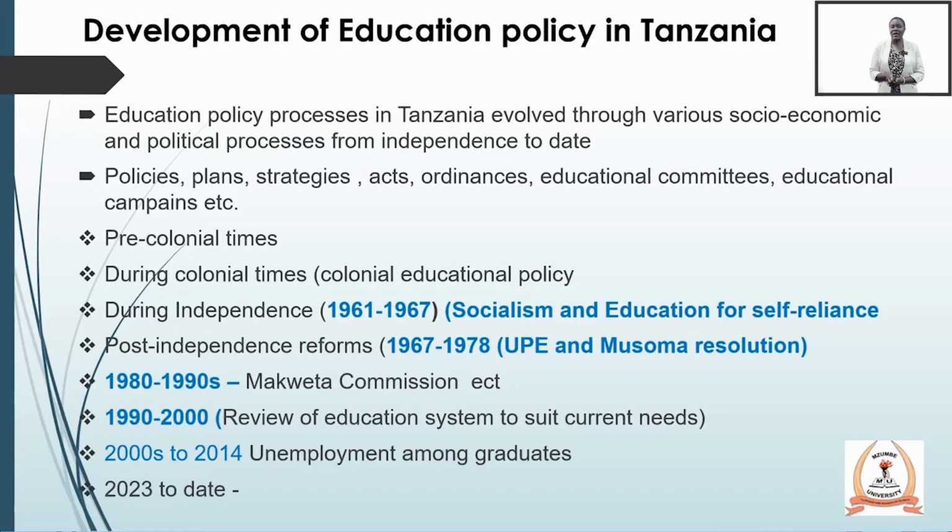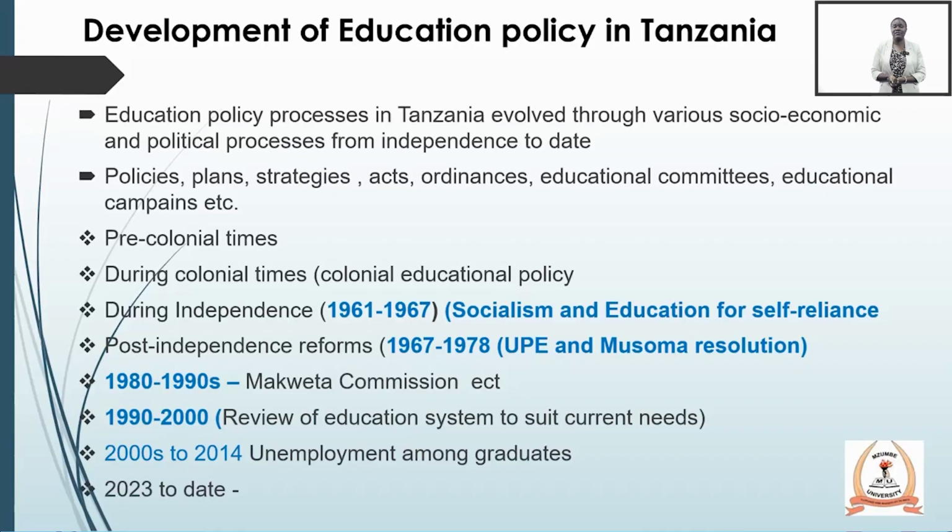And then from the 2000s is where we had unemployment among graduates, and there we had different policies developed by different universities. For example, the University of Dar es Salaam developed the entrepreneurship policy, trying to cater for entrepreneurship development to address unemployment among graduates.